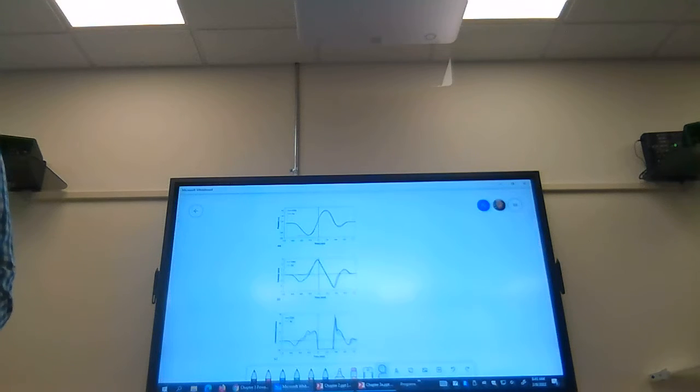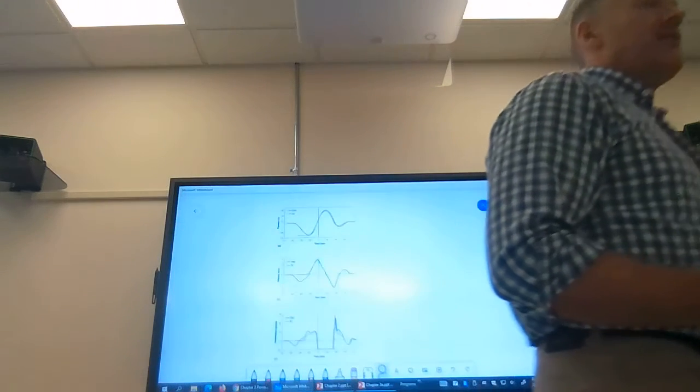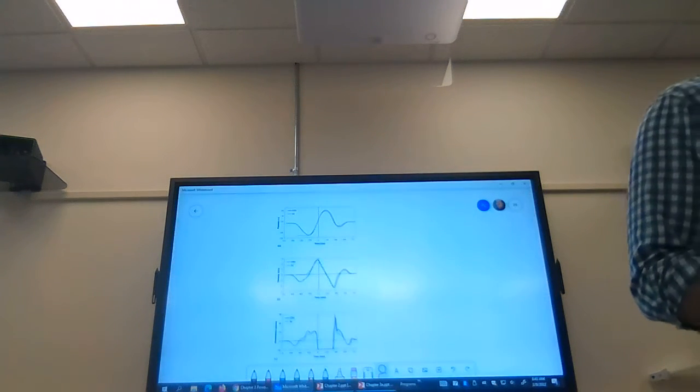And then the rate of change in velocity is defined as acceleration. So those three things, displacement, velocity, and acceleration.